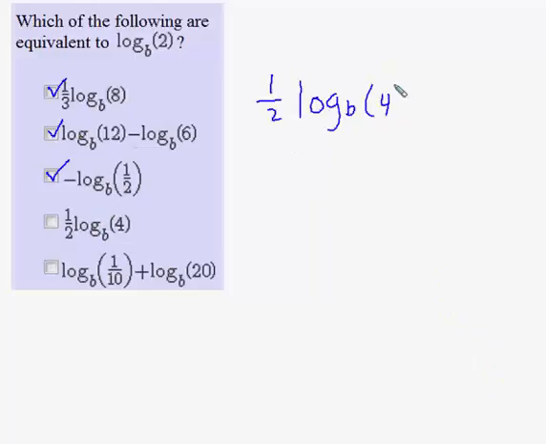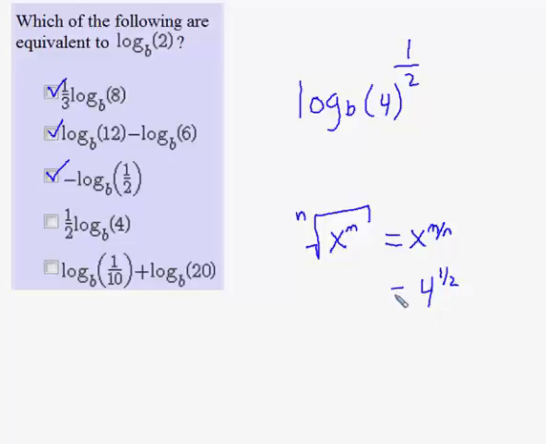The fourth one, again, is very similar to the first in that I can take this constant factor, or if you want coefficient on the logarithm, move it up as an exponent on the input, and I can again use that exponent rule that says if you have something raised to a fractional power, like 4 to the 1/2, for example, you can rewrite it in what's called radical form, where you copy the base, which is 4, put it under the radical, the numerator of the fraction becomes the power of the 4, and then the denominator becomes the index on the radical here, making this the square root of 4.